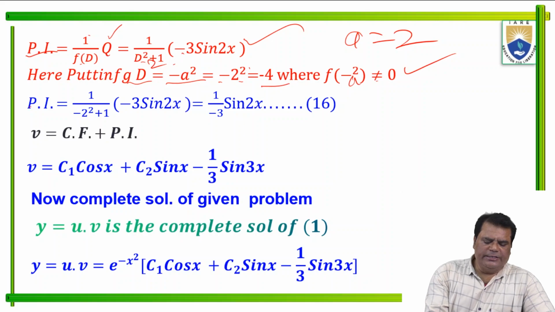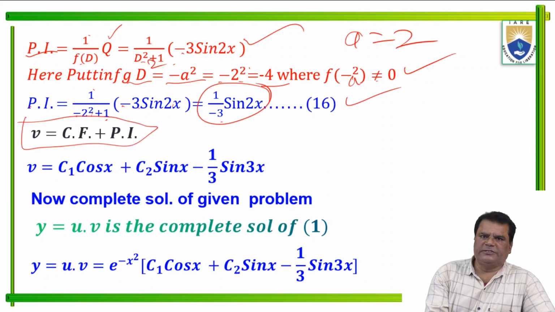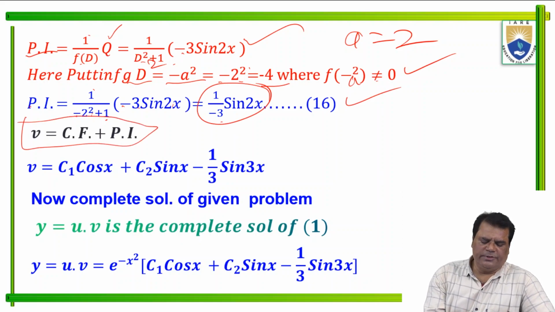Then PI is equal to 1 upon minus 2 squared plus 1 of minus 3 sin 2x, so minus 3 sin 2x upon minus 3. This is the particular integral PI, equation 16. Then v is equal to CF plus PI, the complete solution. CF is C1 cos x plus C2 sin x, and PI is minus 1 upon 3 sin 2x.